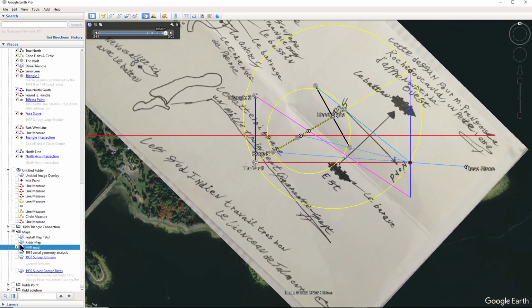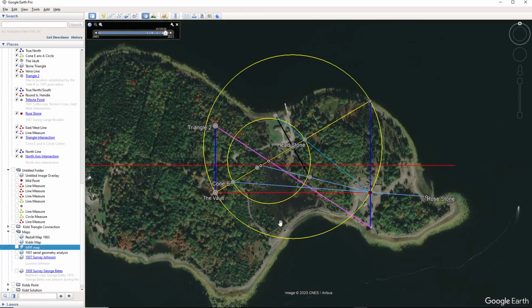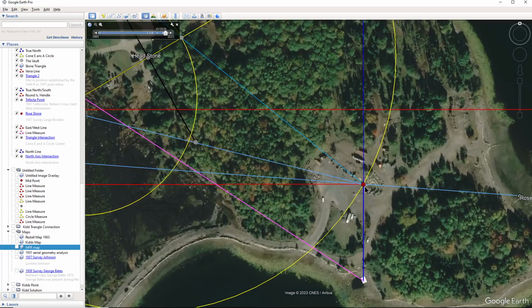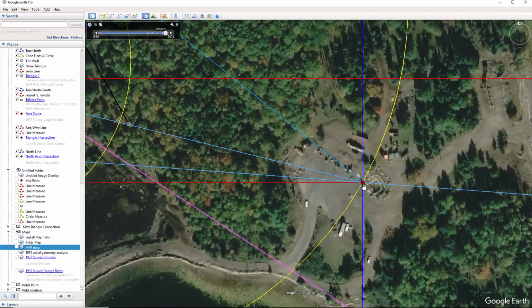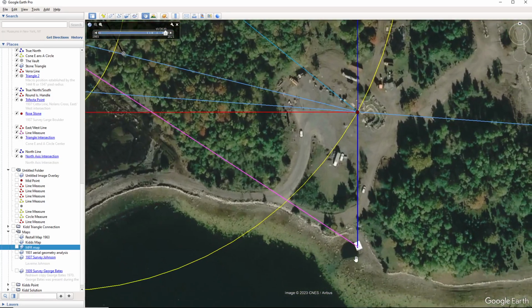So basically my study on this geometry locates the drilled rock that is related to the stone triangle.